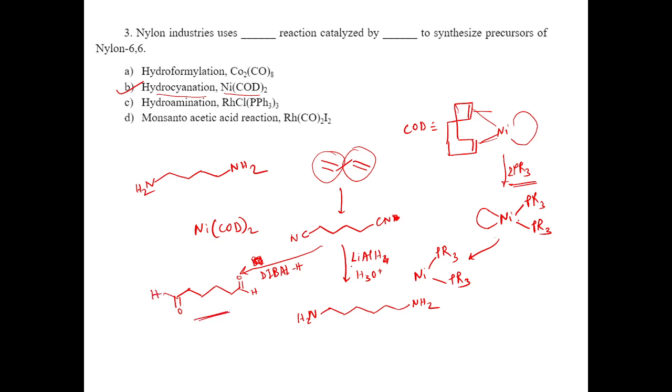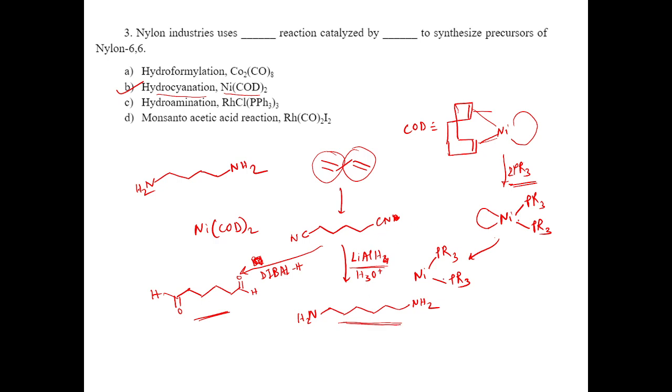So which reducing agent you are using is a bit tricky, depending on which product you actually need. If you need this for nylon synthesis, this is the thing we need.